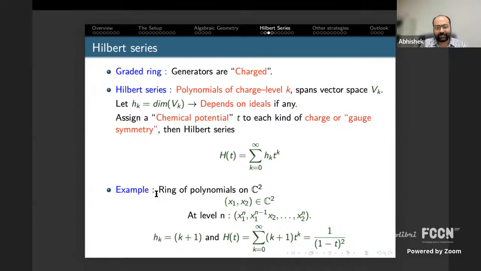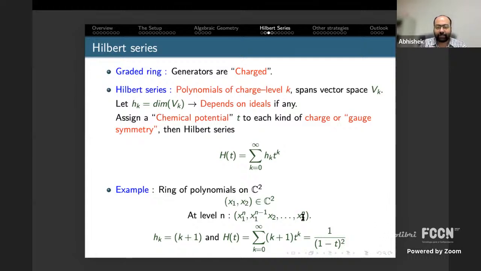One such simplest case is the ring formed by x1 and x2, which is of course C squared. At level n, all the monomials that you can construct are x1 to the power n, x1 to the power n minus 1 times x2, and you can keep on going, up to x2 to the power n.